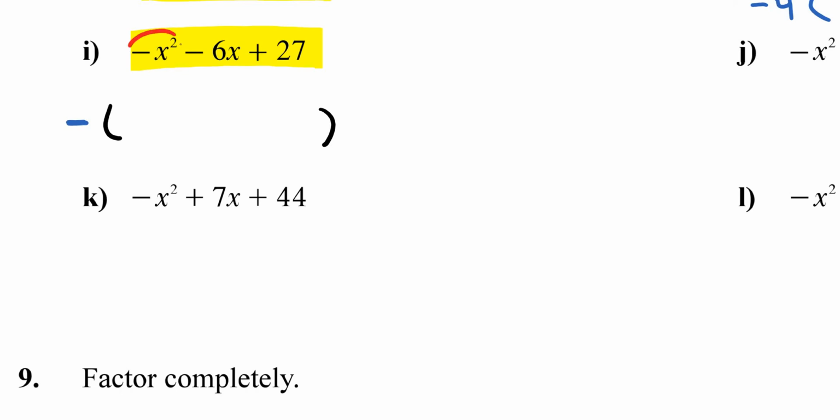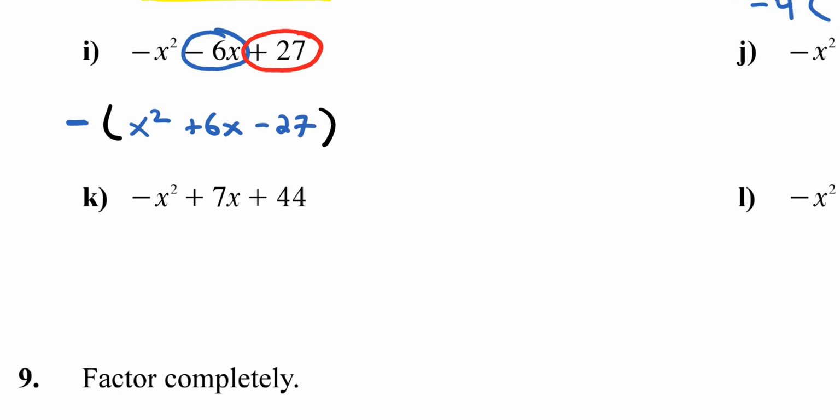So right now I have a -x squared. It's negative, so the opposite of negative is positive, so that would be x squared. And then I have a -6x. The opposite of -6x is positive 6x. And if this is a positive 27, the opposite of positive 27 is -27.